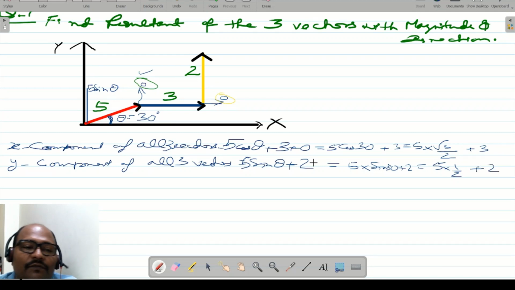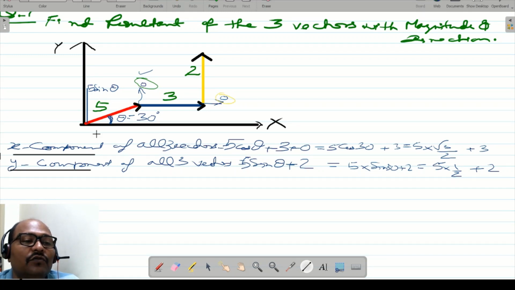Whatever the value will be, we will accordingly get the magnitude. How will we find the magnitude? Here we have the two components with us, the two components which we have derived, the x component and the y component.